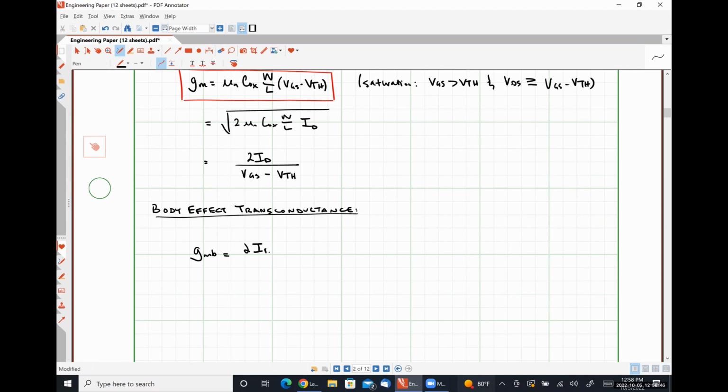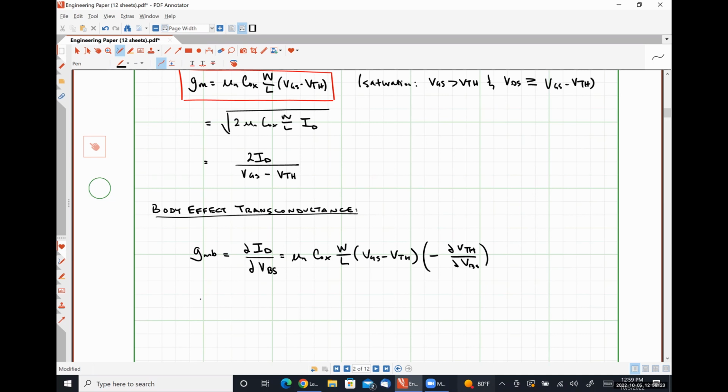is defined as the change in drain current with respect to the body source, excuse me, this should be BS voltage, which is given by mu n C ox W over L (VGS minus VTH) times the partial derivative of our threshold voltage with respect to our body source voltage.